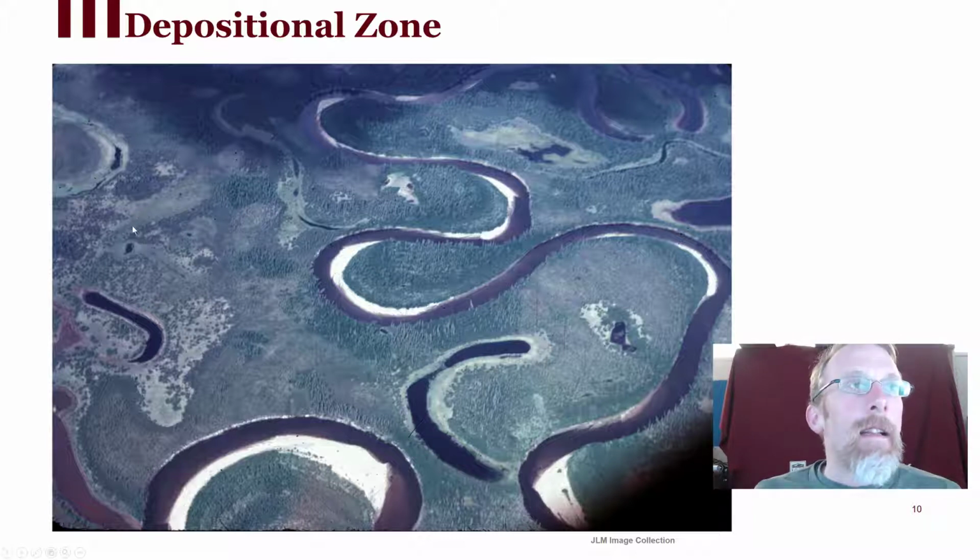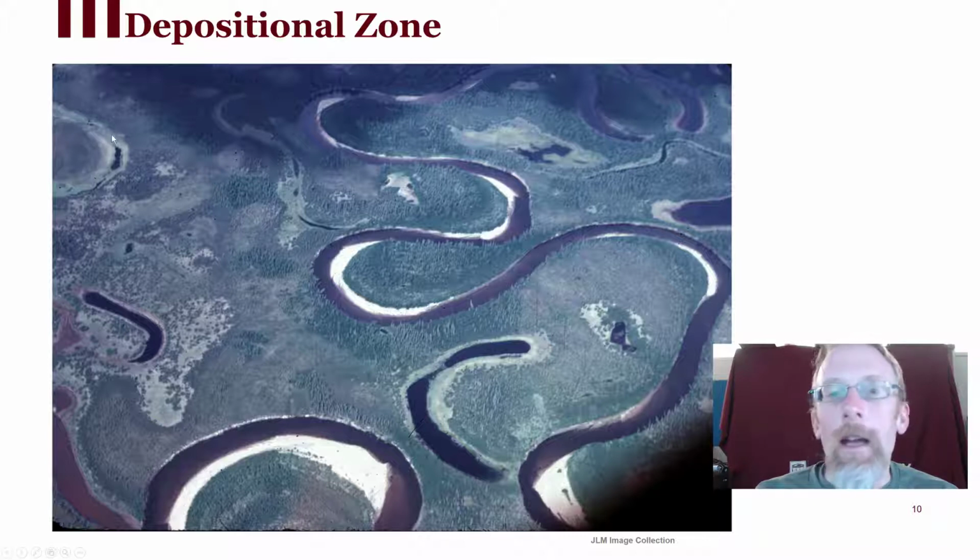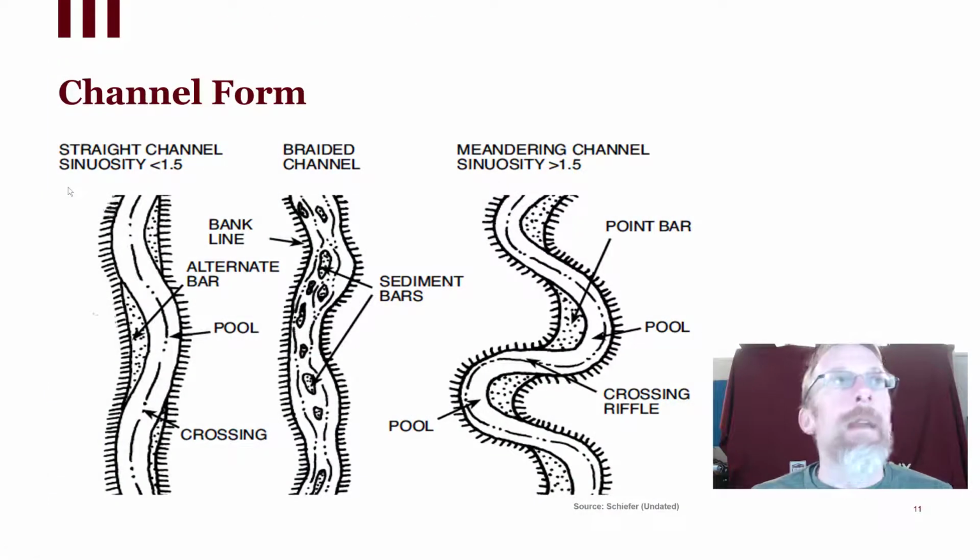Up here in the upper left-hand corner of the picture, you can see this oxbow is almost all the way healed in. One of those first pictures we looked at, the actively meandering stream in Alaska in an earlier slide, was a really good example of all the different stages of oxbow lakes. You might want to go back and look at that.